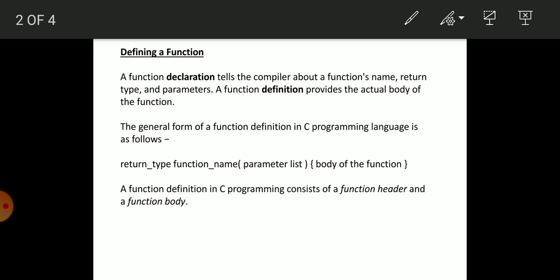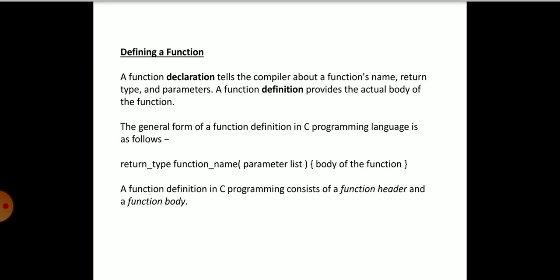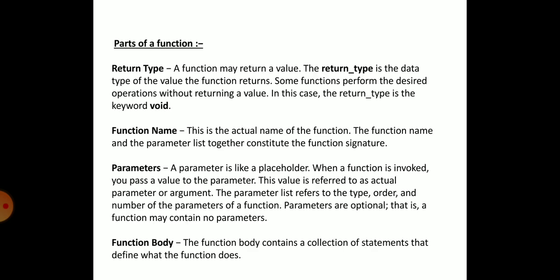The function header contains the function name, function type and list of parameters, and all the other elements, local variable declarations, function statements and the return statement are included within the function body.